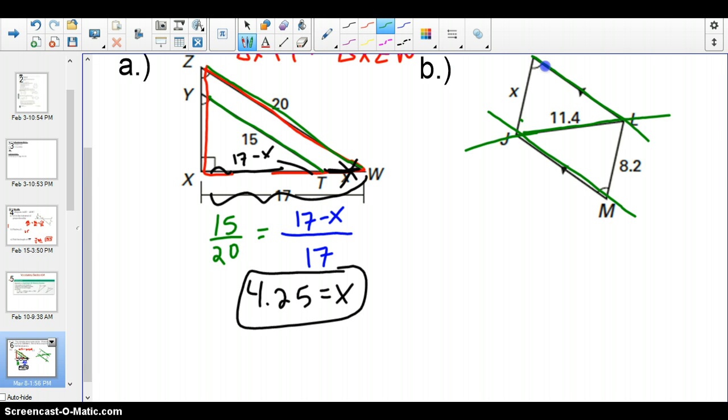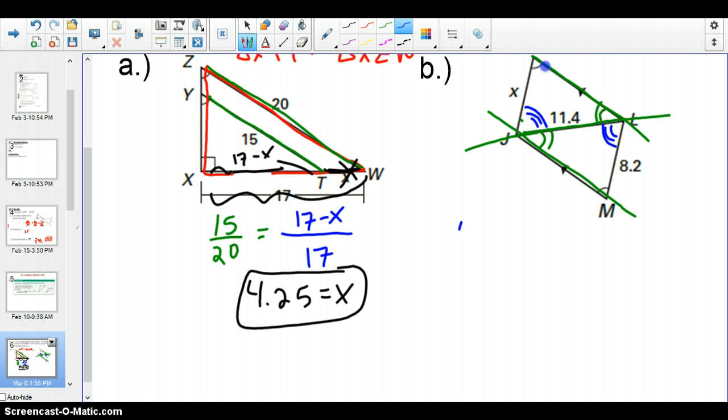This angle here must be congruent with this angle here because they're alternate interior angles. So you have two angles and you have your angle-angle similarity, so you know that these two triangles are similar. So this will be the third angle.